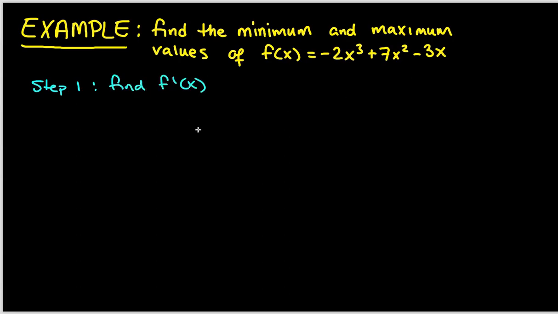So if f of x is equal to negative 2x to the third plus 7x squared minus 3x, then f prime of x is equal to negative 6x squared plus 14x minus 3.